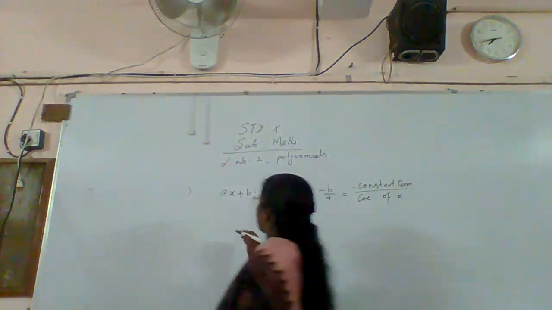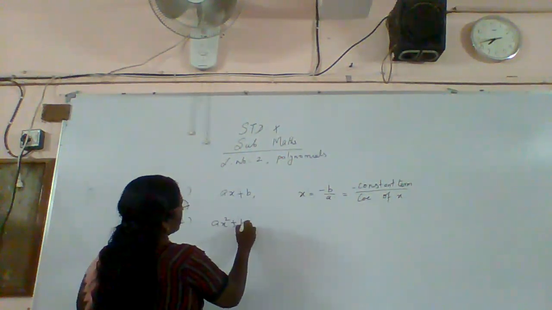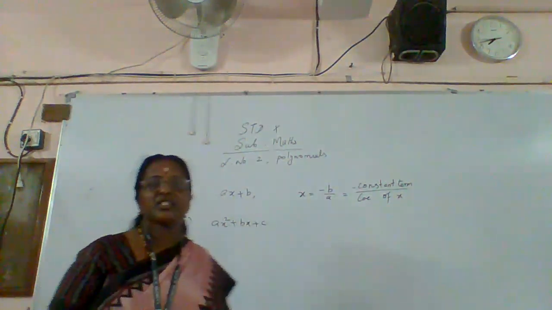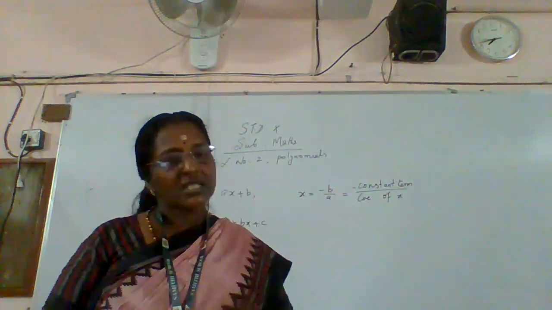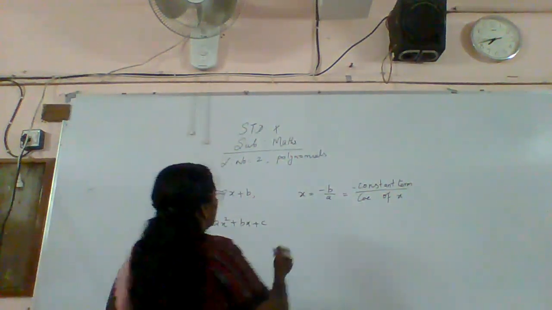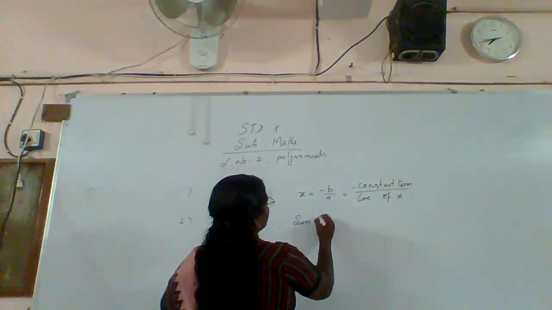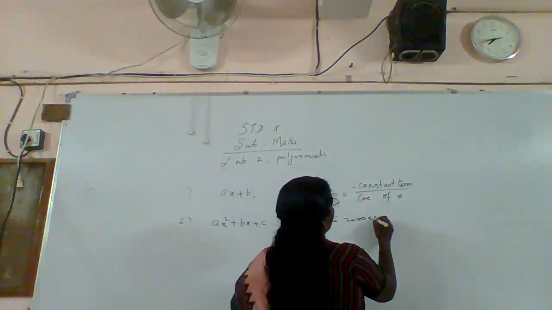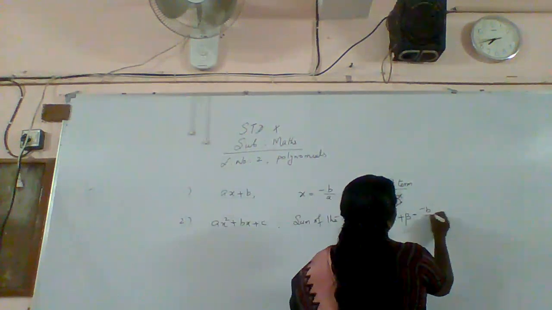Now the second is the quadratic polynomial ax square plus bx plus c. In a quadratic polynomial, how many zeros come? Two zeros, alpha and beta. That is why we take the sum of the zeros. Therefore, the sum of the zeros, alpha plus beta, is equal to minus b by a.